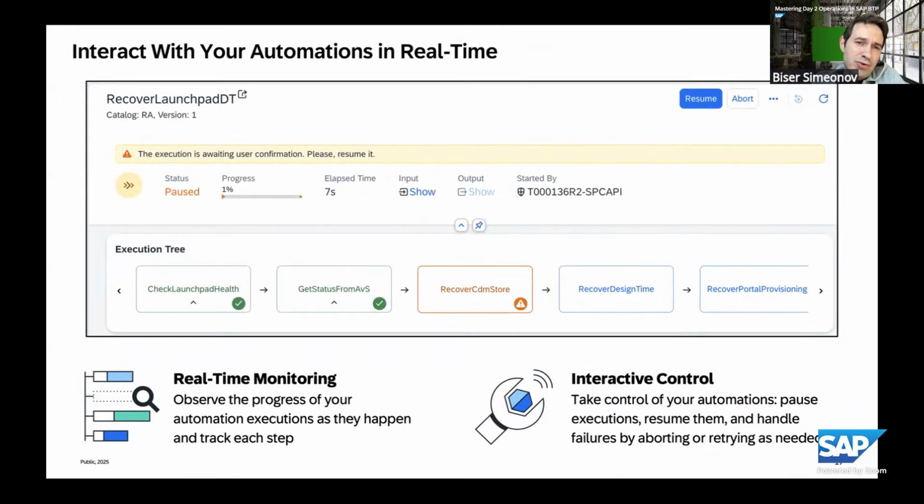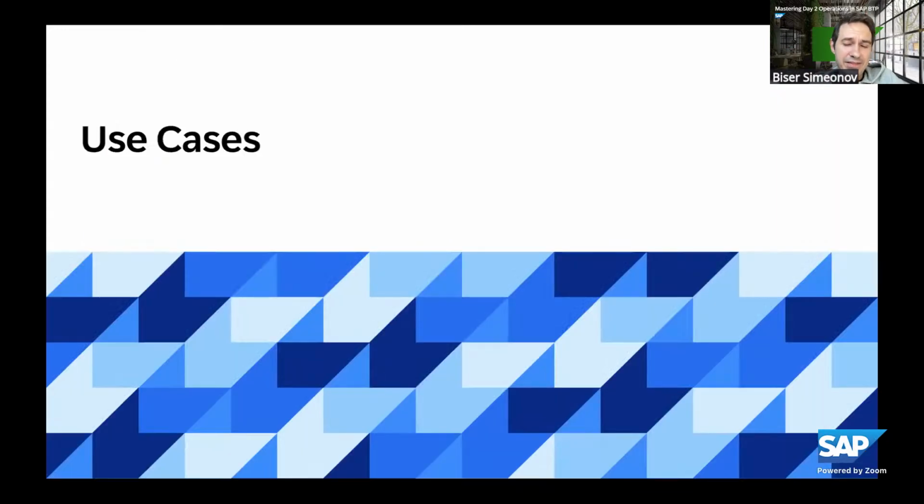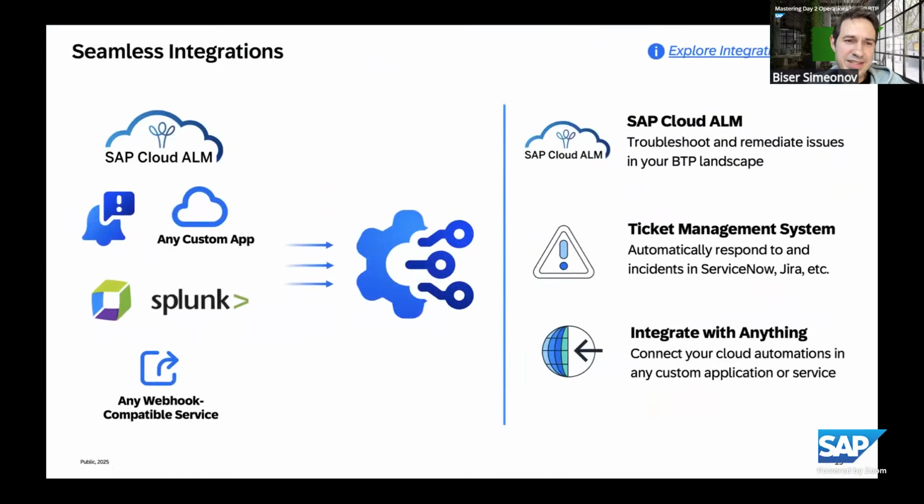And of course, we have the chance to see in real time the execution of the automation flow through our UI. Having said that, we had seen different capabilities of the Automation Pilot during that overview, but let's explore some of the use cases.